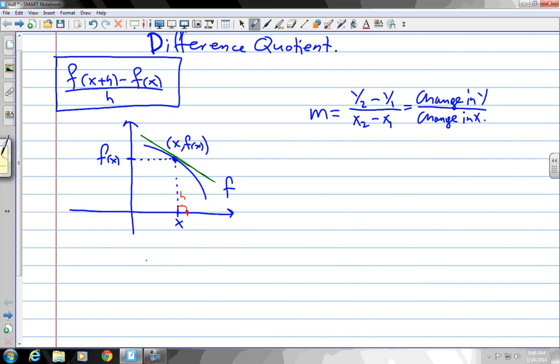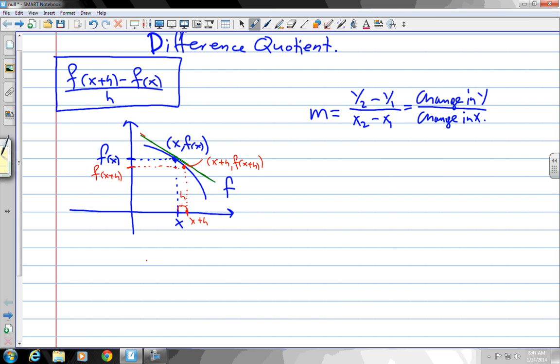If this is x, and then we'll take h more steps, where are we going to end up? x plus h. So if I go back up to the function, what is the y value? f of x plus h. Right? So this second point is x plus h, f of x plus h.